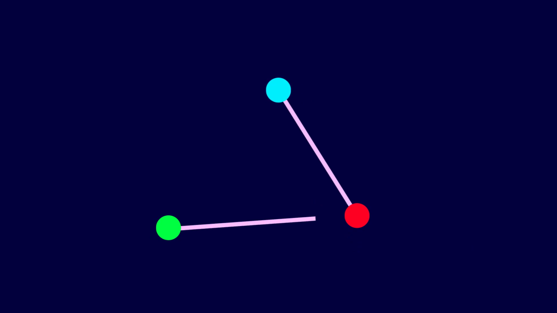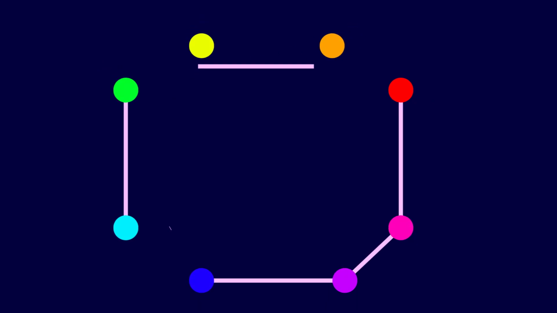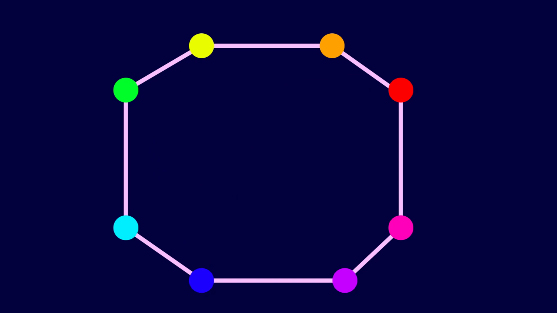We can keep adding points until we form different shapes of our desire, like triangles with 3 points, rectangles with 4 points and 4 lines, octagons with 8 points and 8 lines, and more.